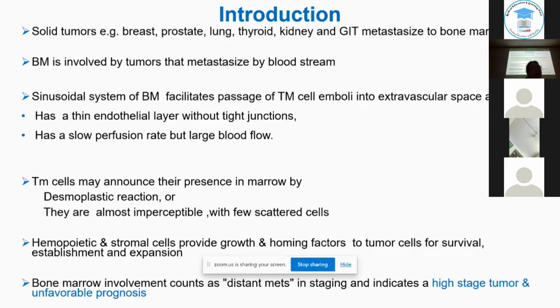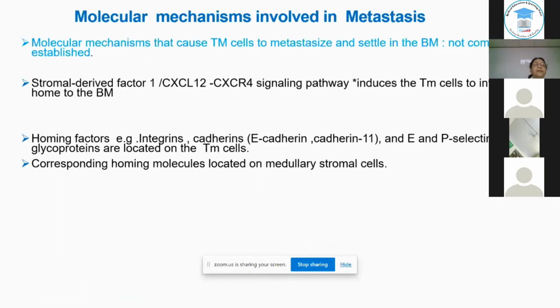Bone marrow involvement counts as distant metastasis in staging, and it indicates a high stage tumor and hence unfavorable prognosis. So what is the molecular mechanism of metastasis?